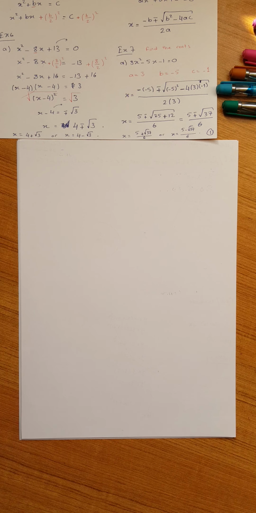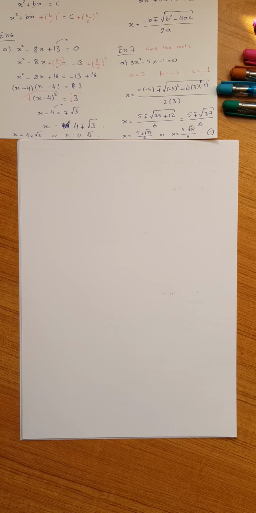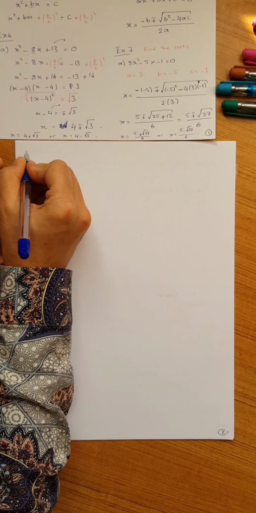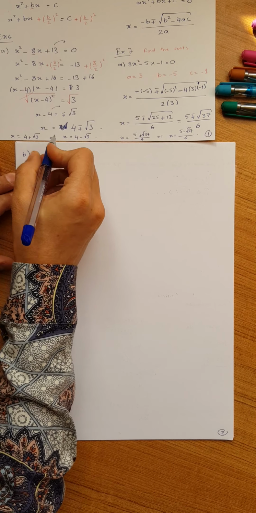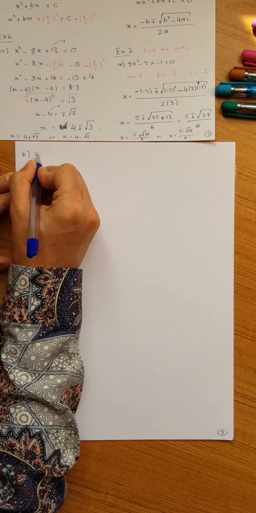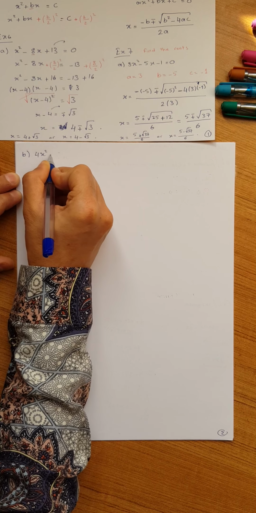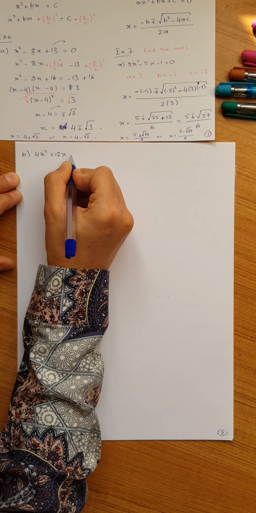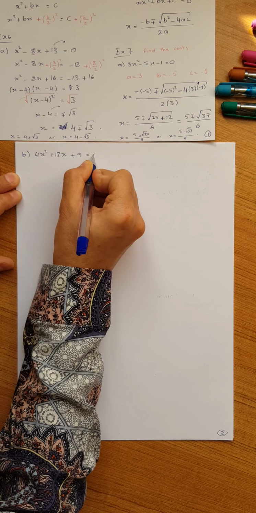Okay, so what's next? We have got the same example, part B. It's given another quadratic equation. It says find the solution for that quadratic equation, which is 4x squared plus 12x plus 9 equals 0.